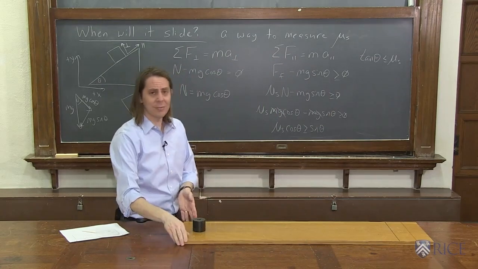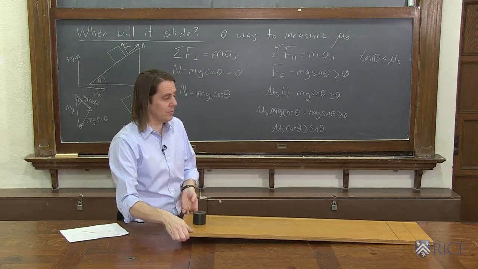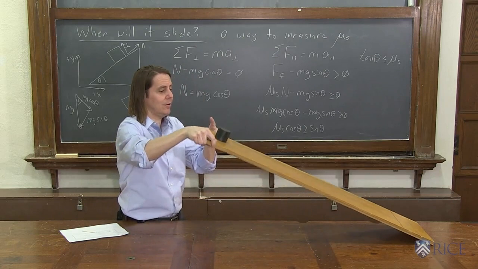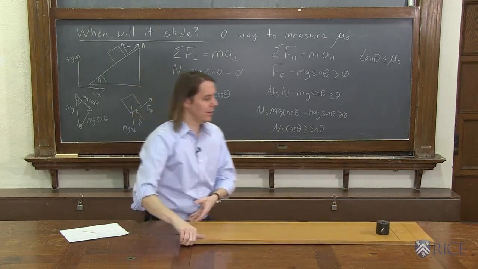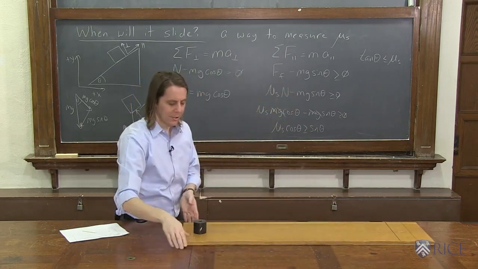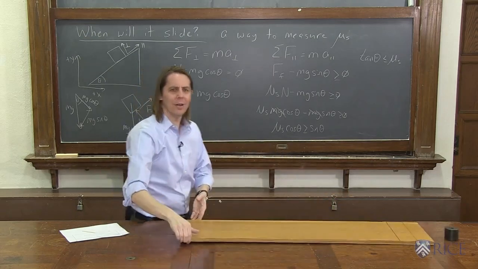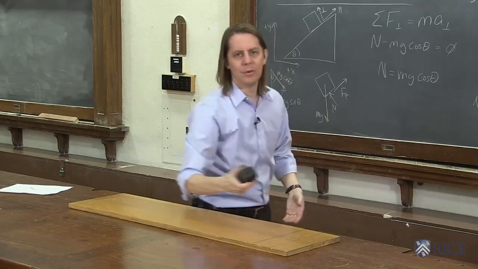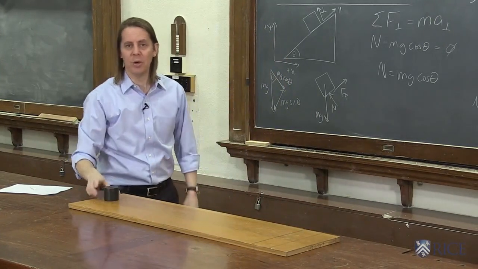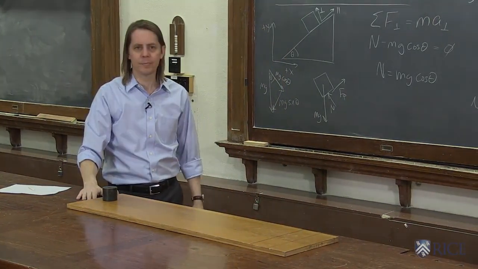Let's do it again. We should get the same thing every time, right? If the friction's the same every time, right about there. Let's do it again. Right about there. Every time, because the friction's the same every time. So that's the easiest way to measure mu s. I'm sure we could think of harder ways.